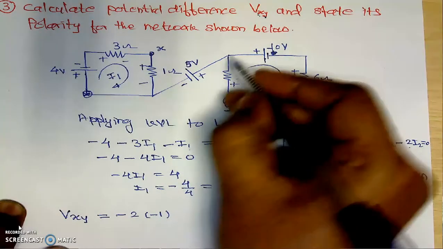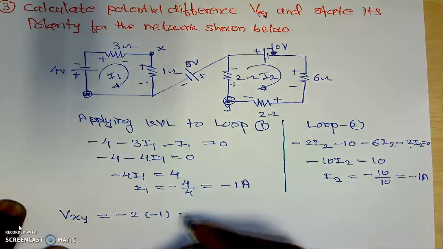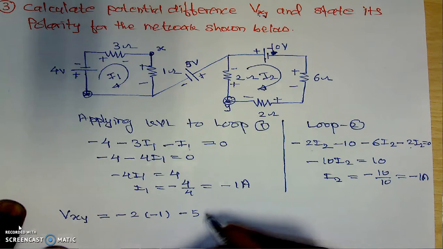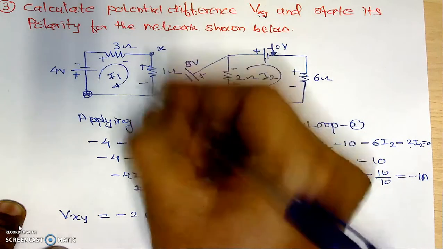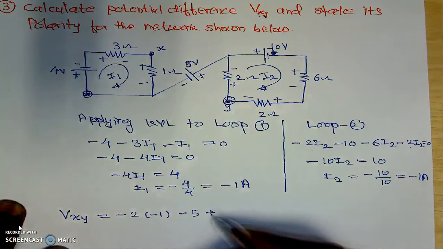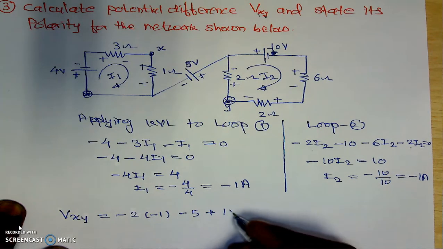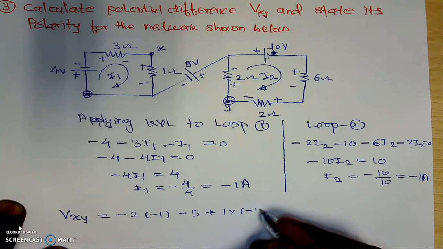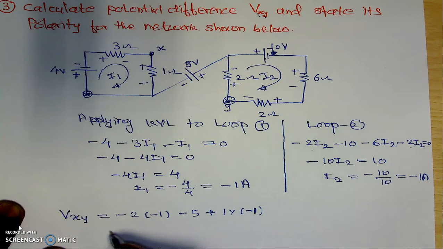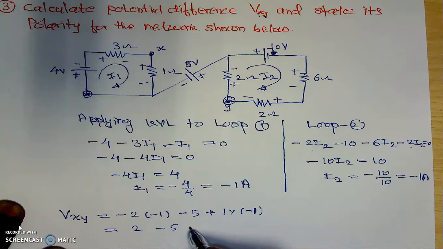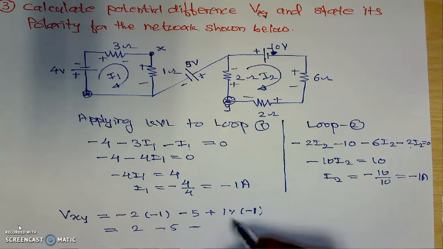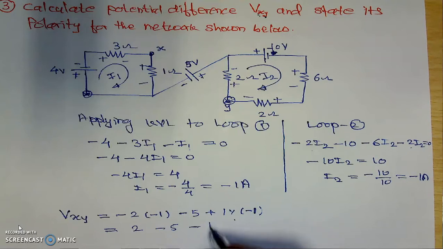Then here we are coming down, positive to negative, which is minus, its voltage is 5. Then we are coming upward, negative to positive, which is a plus, its resistance is 1 and its current is minus 1 ampere. That is minus into minus, plus 2 volt, then minus 5 volt, then again minus, and for this 1 ohm, it will be minus 1 volt.